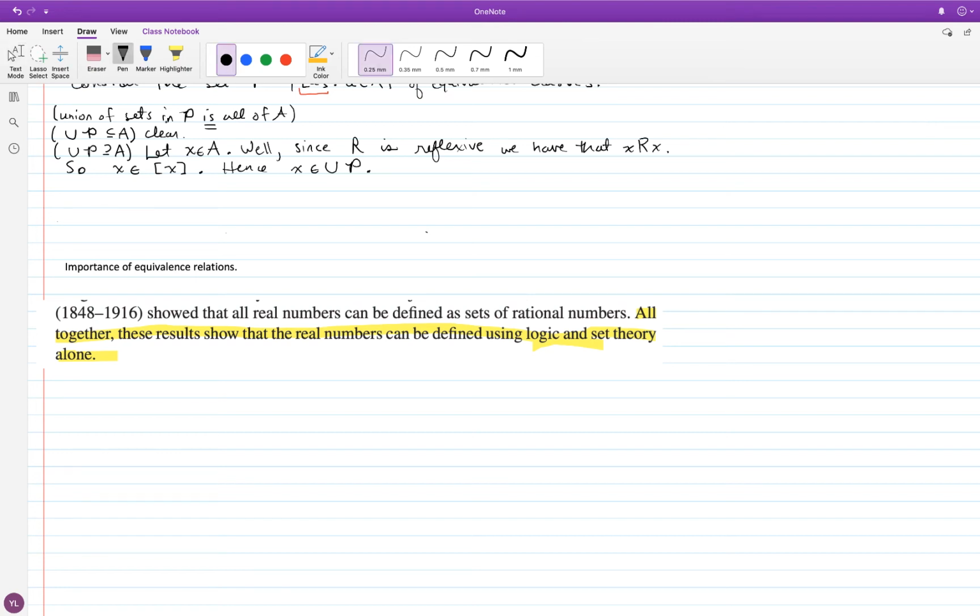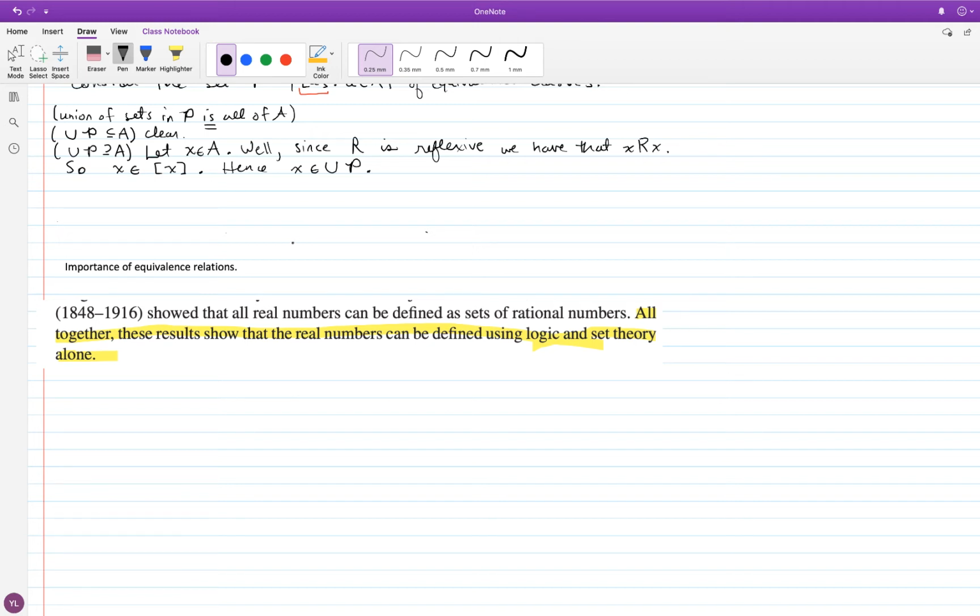So I thought I'd give a little bit of motivation for equivalence relations and equivalence classes. This is sort of the last line of section 8.3, and it says it all. If your goal is to build up common mathematical objects, including number sets like the natural numbers, the rational numbers, the real numbers, and so on, then you might want to do that using your mathematical foundations, your logic and set theory.